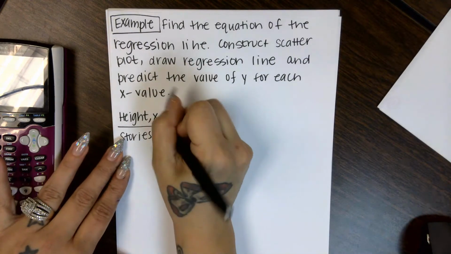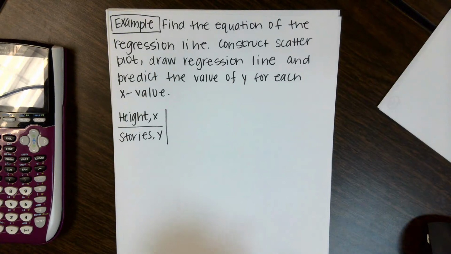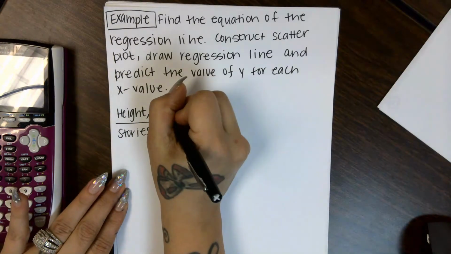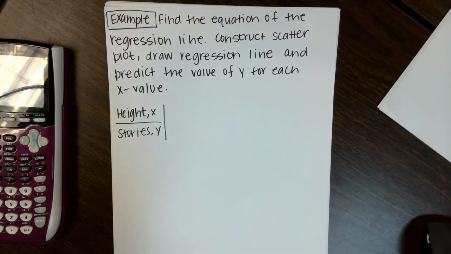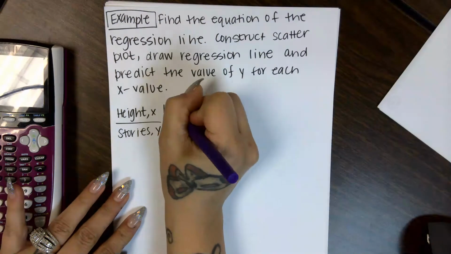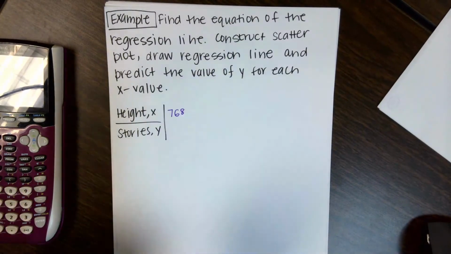And then I just did a vertical bar, and I'm going to list 1, 2, 3, 4, 5, 6 different data points going to the right. I'm going to switch colors just because. The first building has a height of 768, and we're going to assume feet.